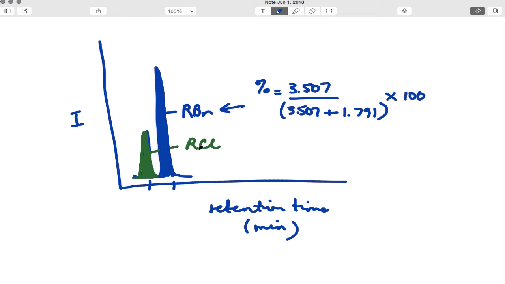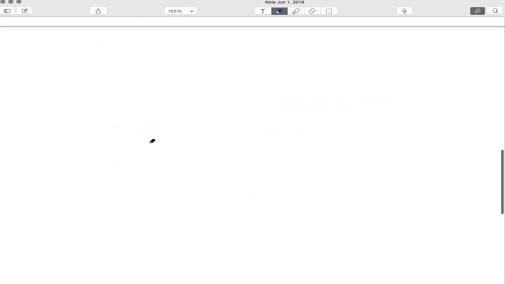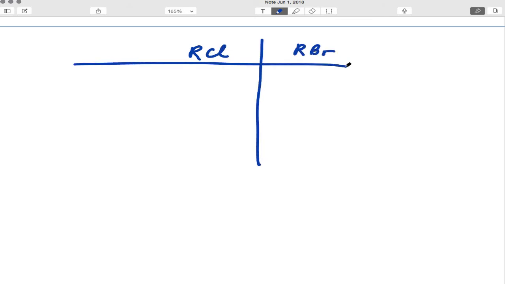Then you would do the same thing for the chloride, or you could just subtract from 100%, so 100 minus the percent of the other one. That's fine as well. Once you do that, you're going to make a table with your RCl and your RBr product. You're going to show the distribution as a percentage.